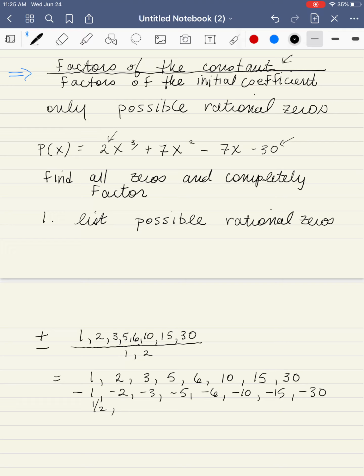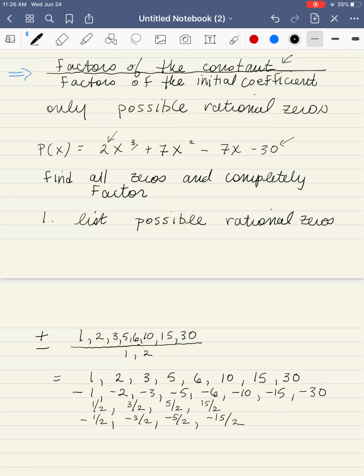And then I could have every one of my numerators over 2. So 1 over 2. 2 over 2, which is already 1, is already there. 3 over 2. 5 over 2. 6 over 2, which is 3, it's already there. 10 over 2, which is 5, it's already there. 15 over 2, and 30 over 2, which is 15, it's already there.